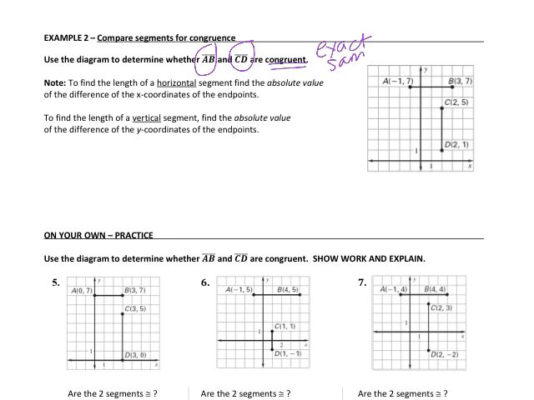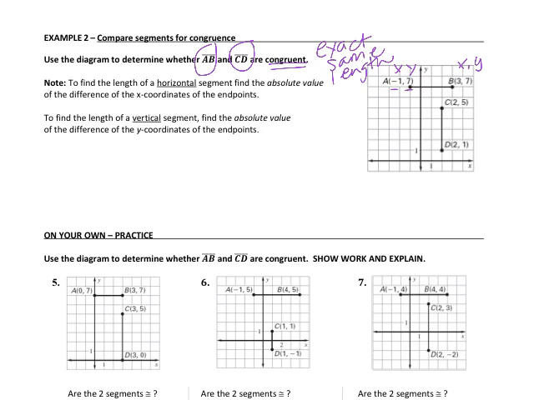That's what we mean by the word congruent. So we're going to be taking a look at the values of x and y. Here's a -1 and a +7. Remember, this is the x value, this is the y value. And for point B, we have an x of 3 and a y of 7. So the 7 is the same for both points, right? That's the y value, that's the same.